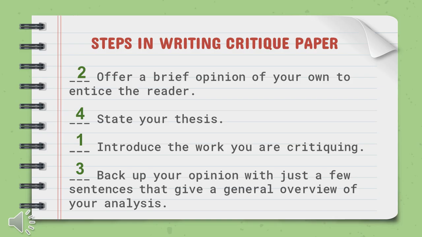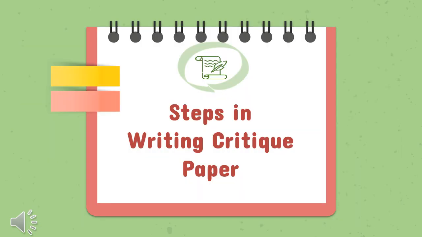Third, back up your opinion with just a few sentences that give a general overview of your analysis. And the fourth, which is the last step, is to state your thesis or your main idea about the artwork that you are critiquing. Okay? Steps in writing a critic paper.